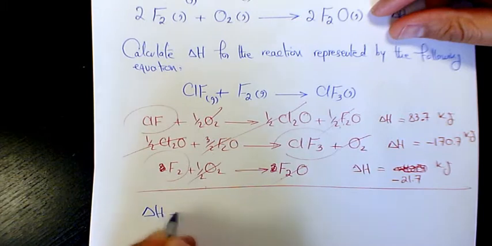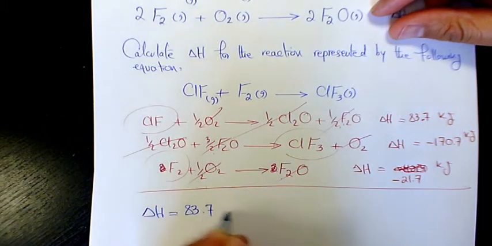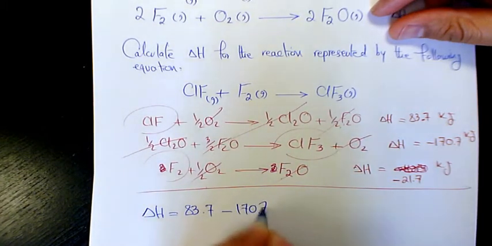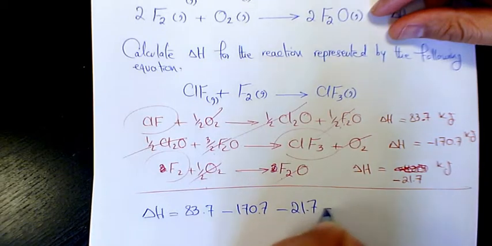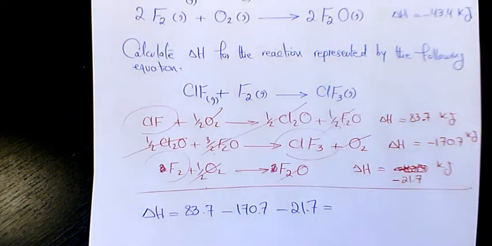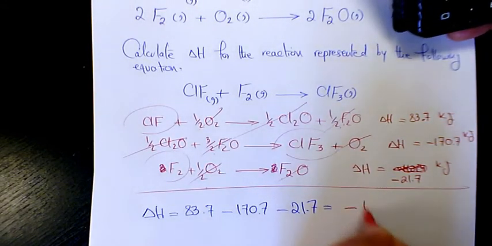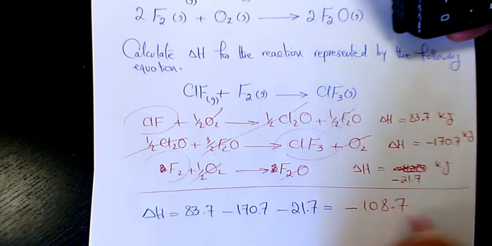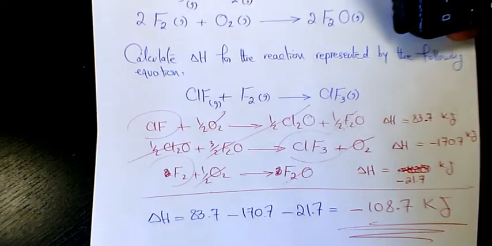So we add them all. It's going to be 83.7 minus 170.7 minus 21.7. So that's going to be 83.7 minus 170.7 minus 21.7. That's going to be negative 108.7 kilojoule.